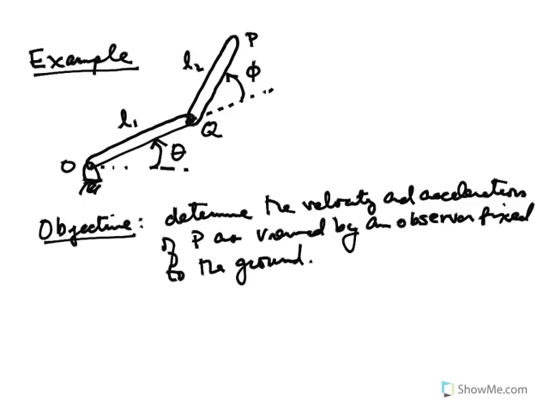So the thing we have to do, for starters, is look at the fact that there are two rotations in this problem, which means that we're going to need three reference frames.